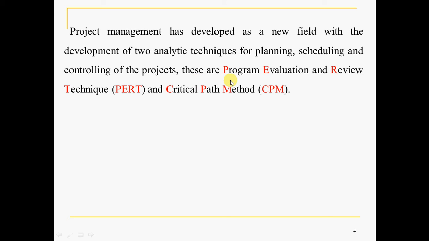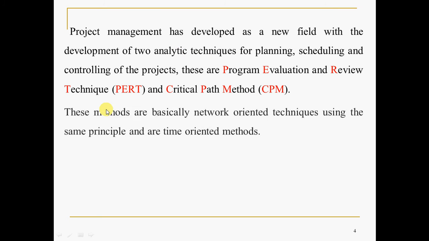These are Program Evaluation and Review Technique, popularly known as PERT, and the other one is Critical Path Method, that is CPM. Earlier bar charts, Gantt charts or other graphical representations are replaced with these analytic tools to handle modern projects.